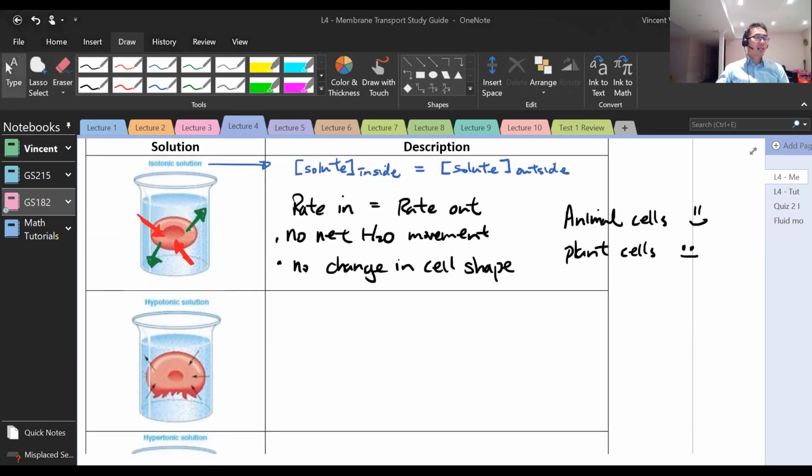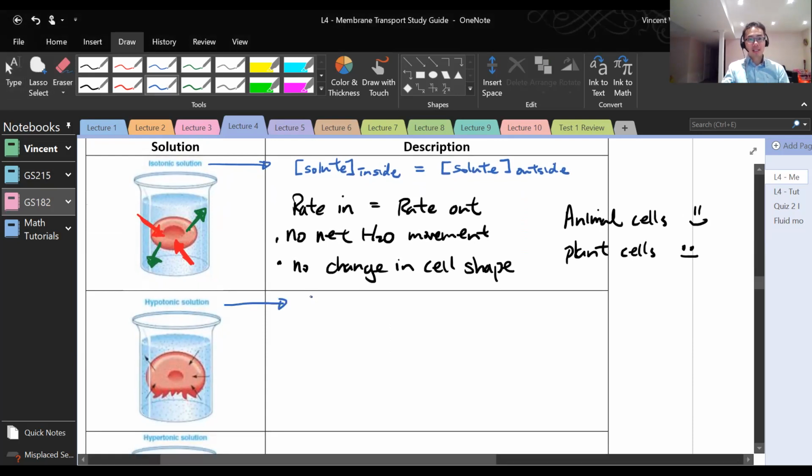Next one is hypotonic. What does hypotonic mean? Hypotonic means the solute concentration inside is greater than the solute concentration outside. Remember, water is always trying to balance out the concentration. So in order to dilute the inside, a lot of water comes in, more water coming in than leaving.